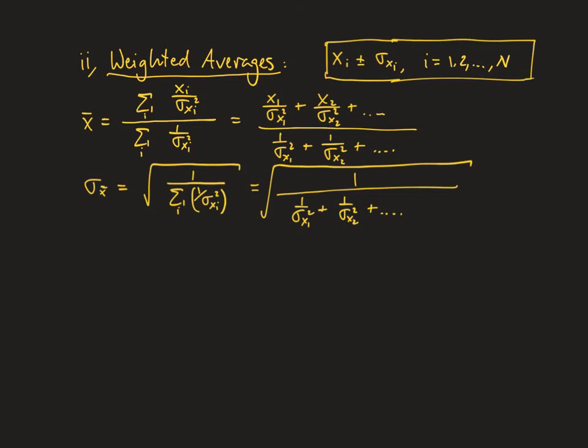Okay, let's take a look at a different limit. We've looked at one limit where one of the uncertainties is much smaller than all the others. So let's take a look at the limit where all the uncertainties are the same as each other, because that's kind of instructive as well. So suppose sigma x1 is equal to sigma x2 is equal to, etc. They're all equal to each other.